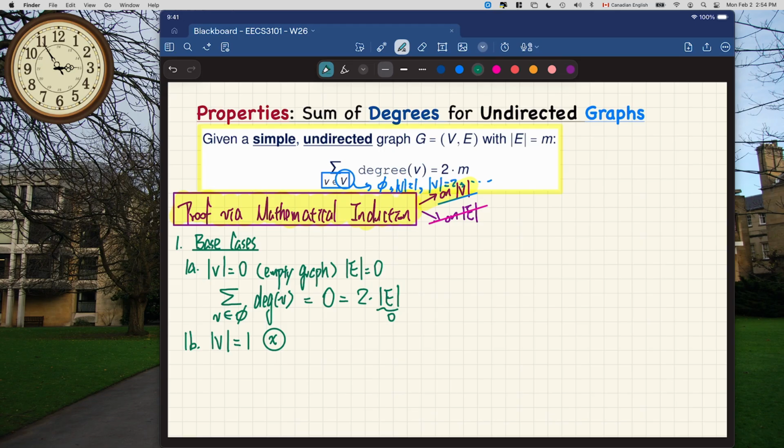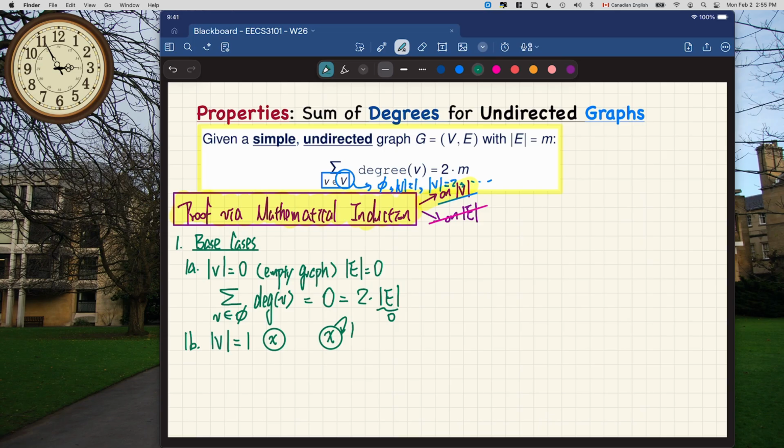So now the question is, can I have the number of vertices being 1, but I got one edge. Aha, good. The only way to have one vertex and one edge in the graph is by having a self loop. So that means the beginning and the ending vertices for the edge will be the same. Something like this.